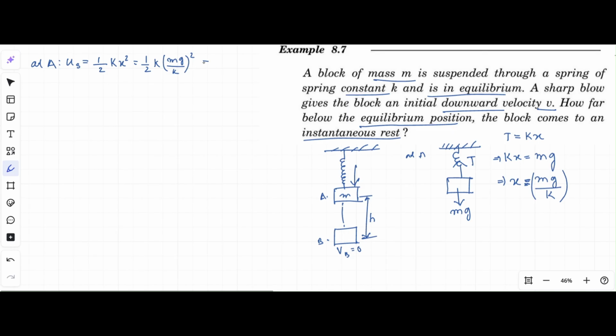The k square goes down, which becomes m square g square by 2k. This is the potential at A. This is the spring potential at A.